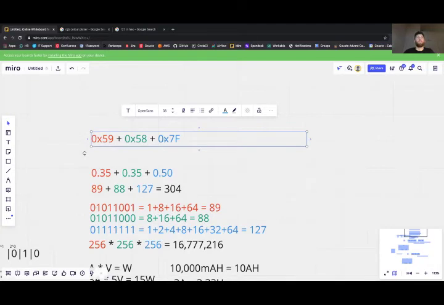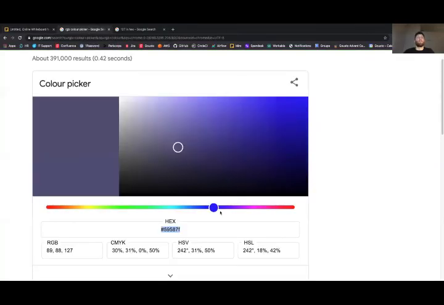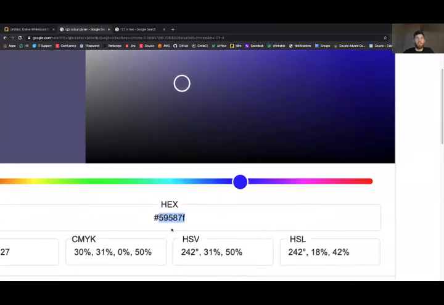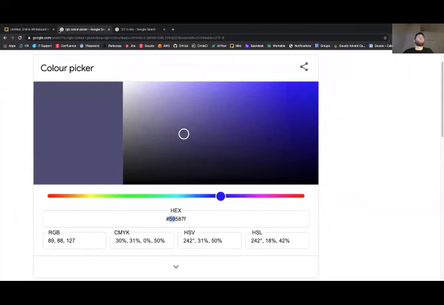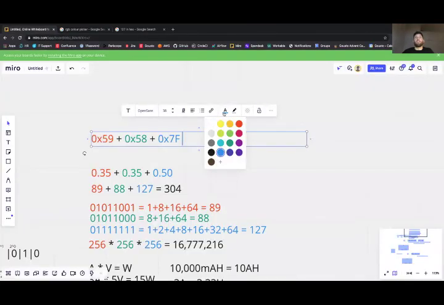So 59, 58, 7F. Now, if we look here, that's exactly what we encounter in the hex code, 59, 58, 7F. And indeed, if we go back into this color picker and we type in 59, 58, 7F, we will get exactly that same color.